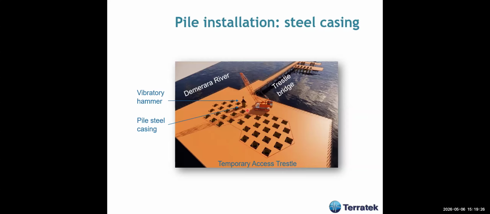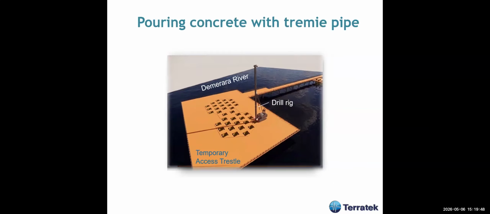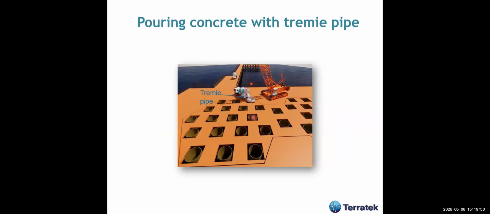They installed the casing with the vibratory hammer, and this is the steel casing, just for the upper part of the pile. Then they used a drill rig to drill throughout the pile depth, and then they poured the concrete with a tremie pipe. Here's the tremie pipe, this is the winch.